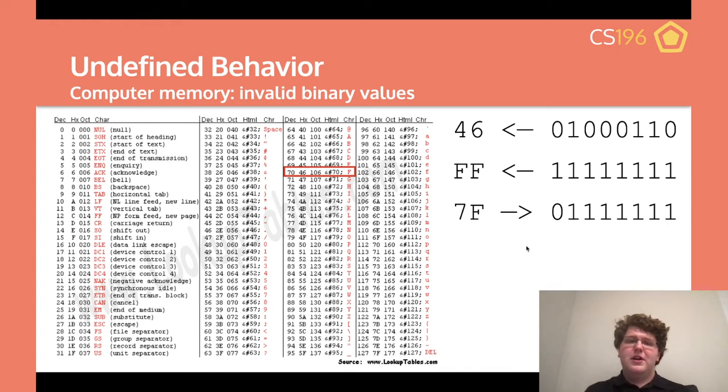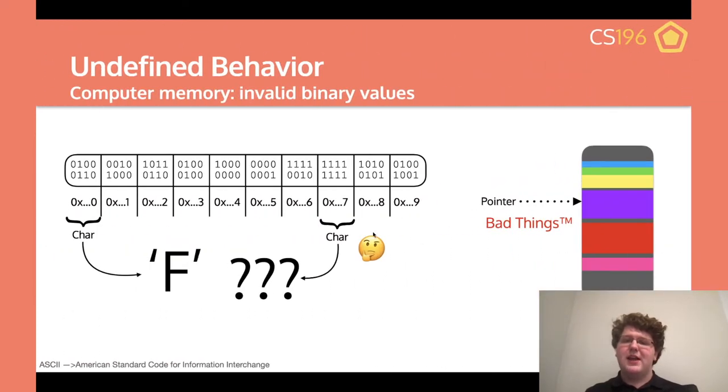And so what will happen, depending on your computer, is you'll usually get a question mark or an empty box or some sort of other symbol when it can't decode what character it's supposed to be. And so that's what's going on here. If this was a character and this purple data is an int, and this int has all ones here, and we try and dereference the pointer that is ones just because it's an integer now, it could just not work.